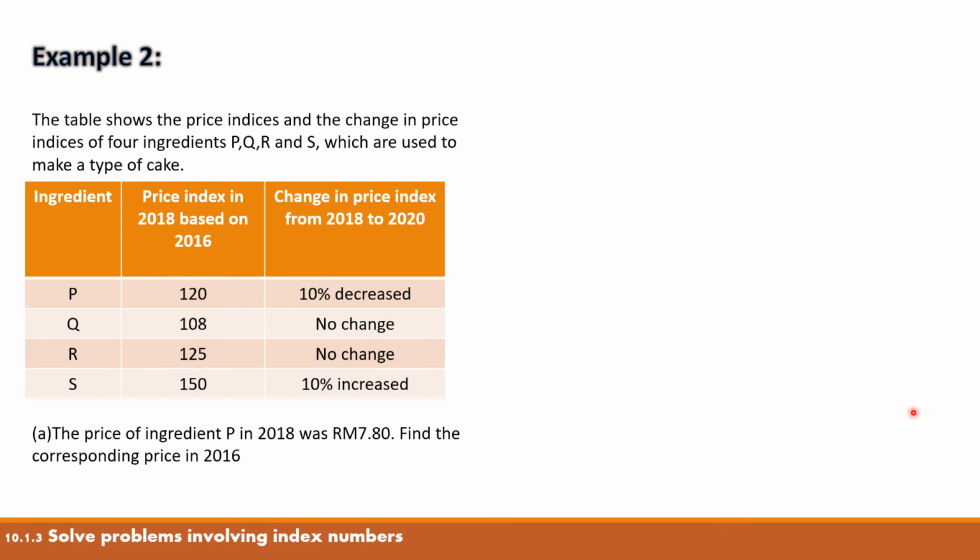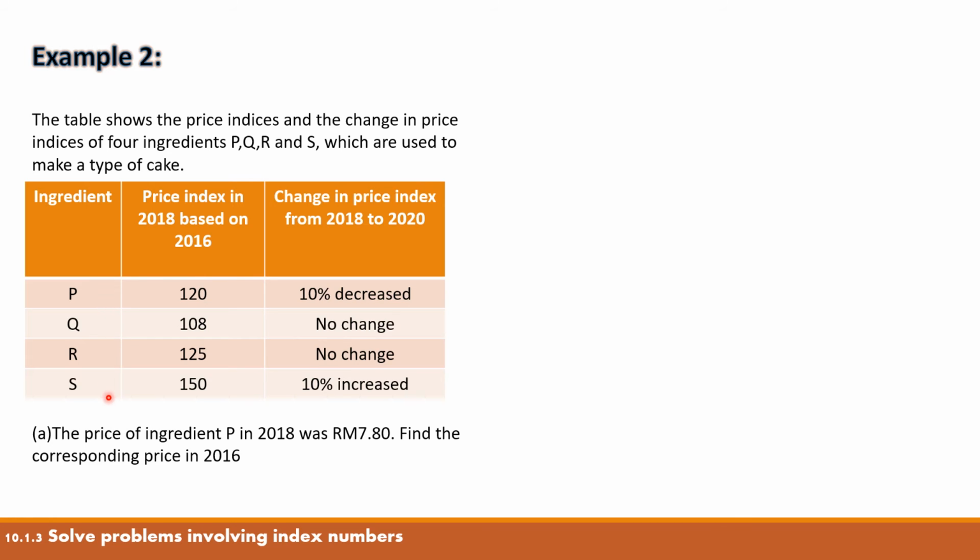Example 2. The table shows the price indices and the change in price indices of 4 ingredients P, Q, R, and S, which are used to make a type of cake. We can see in the table here the ingredients P, Q, R, and S, and the price index in 2018 based on 2016 for each ingredient.